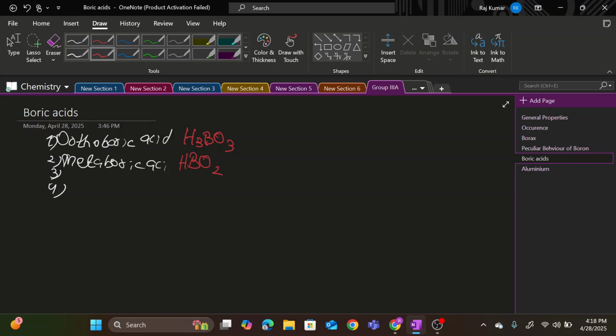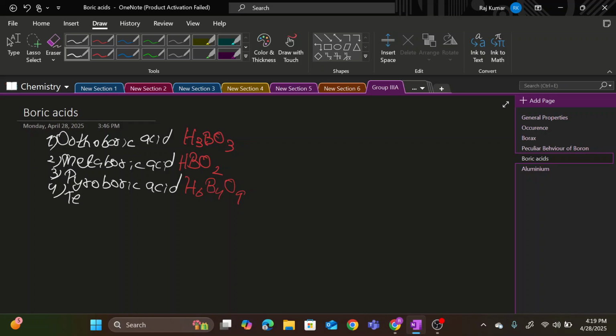And then we have pyroboric acid, which is H6B4O9.